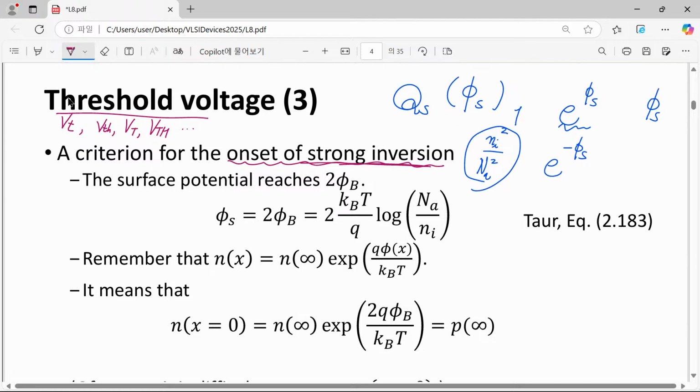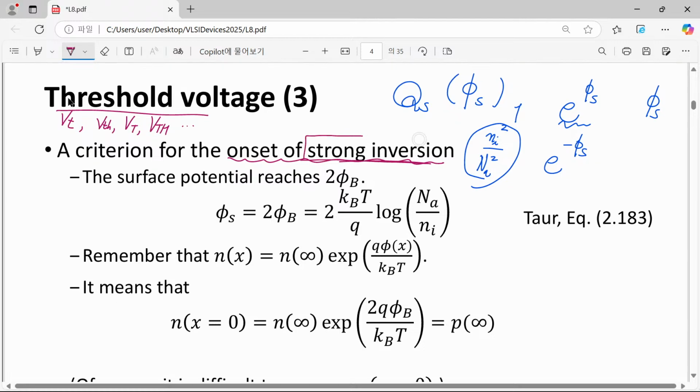because our way to define threshold voltage is closely related with strong inversion. And here inversion means that although we have a substrate whose density is Na, so we expect many holes whose density is around Na. However, in this strong inversion case, our electron density is around Na or even higher.